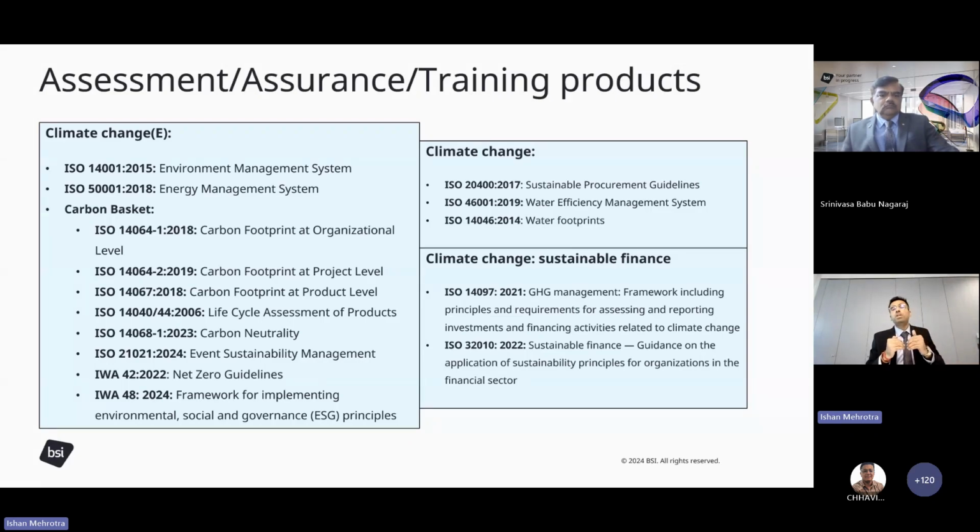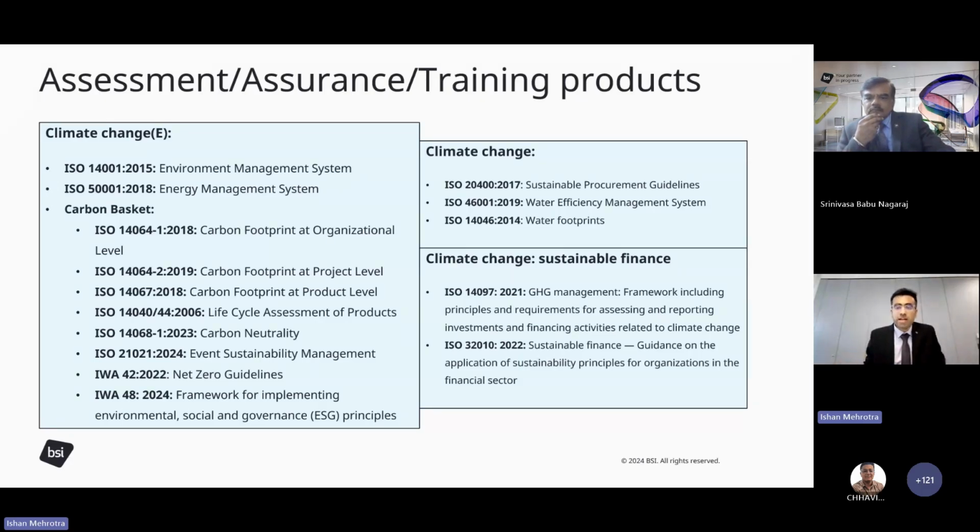So when we talk about ESG broadly, within the ESG basket, we have the flagship standards 14001 and 50001, and then the carbon basket, which is 14064 Part 1, talking about the organizational level. We have 14067 for footprint at product level, then neutrality and net zero guidelines. Then we also have water-related standards, water efficiency management 46001 and water footprint.